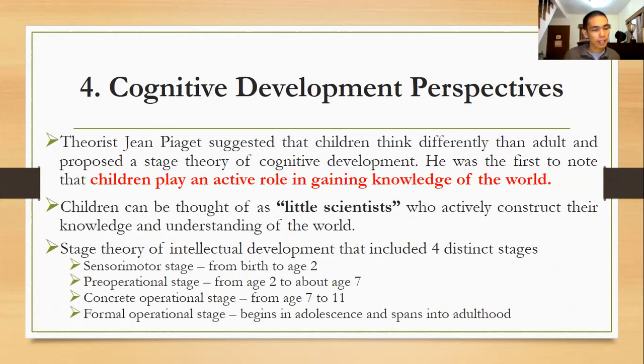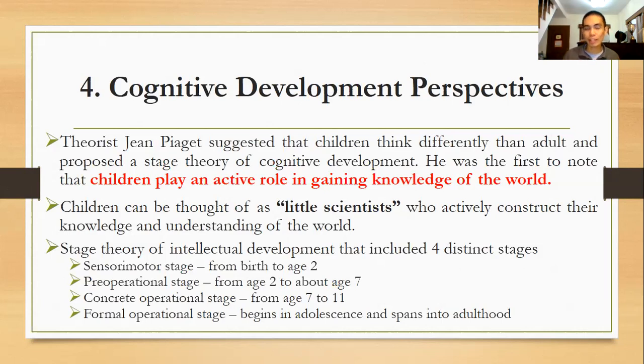In this stage, the infant thinks by means of their senses. Okay, and the preoperational stage, children use the new ability to represent objects. Okay, and the concrete operational stage, a child may unconsciously follow the instruction.